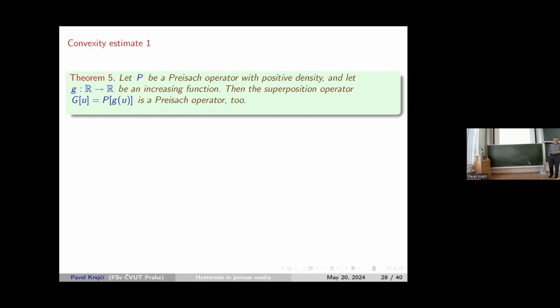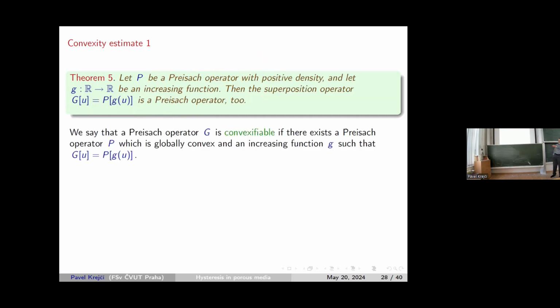So it is still a Preisach operator with a different Preisach measure, but it is a Preisach operator. Well, and this is the idea behind that: we do it the other way around. We have an operator, here an operator G, and we look for a Preisach operator P, which is globally convex and which admits an increasing function G such that G of u is equal to P of G of u. And then possibly exploit the convexity of the outer operator.